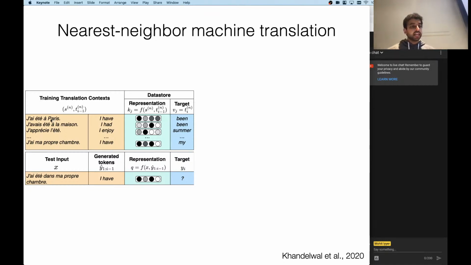During training, I have all these French sentences and I have the decoder's token level representations. So I have this input, and this decoder has produced "I have," and I have the vector at this point that I've cached from training time. These form the keys. We have "I have," "I had," "I enjoy," "I have," and you see the French sentences over here too. The decoder's representations, of course, use cross attention, so they are also a function of the French sentence.